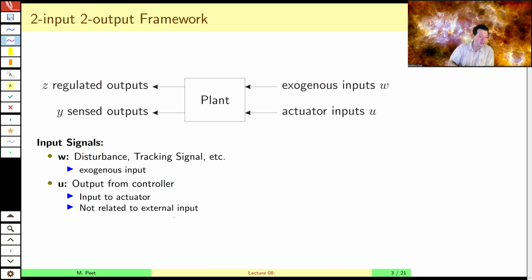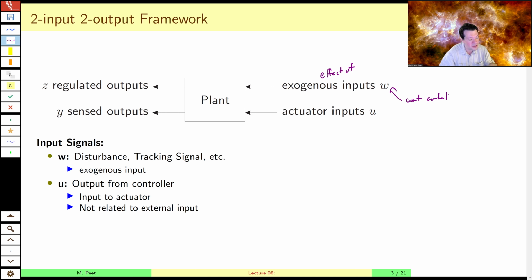In contrast, on the input side, we also want to separate our signals, but the separation on the input side is a little bit more strict. So we separate these into the effect of exogenous inputs, and these are things we can't control. If we could control them, we would just set them to 0 and be done with it.